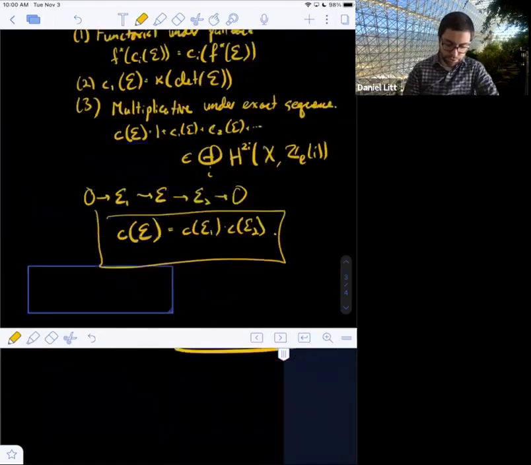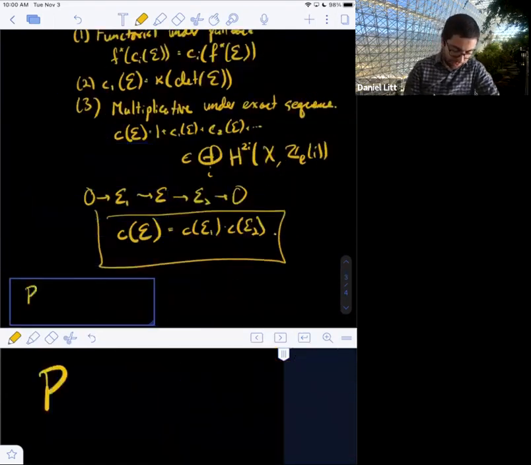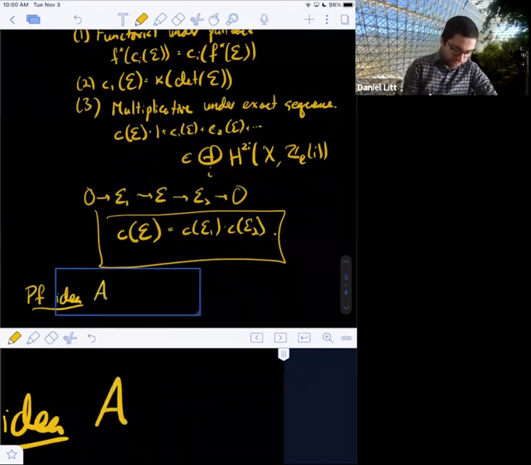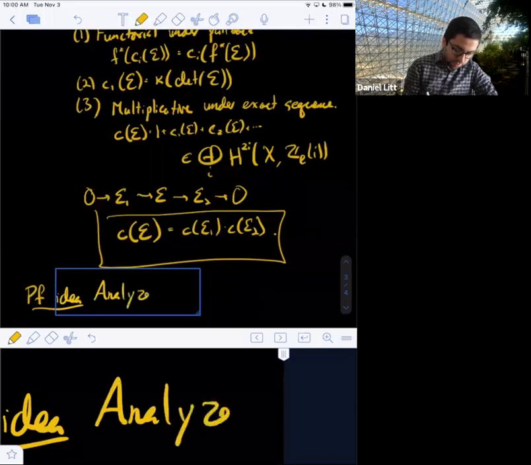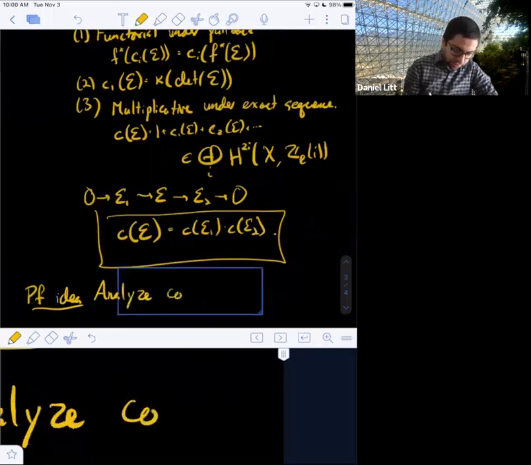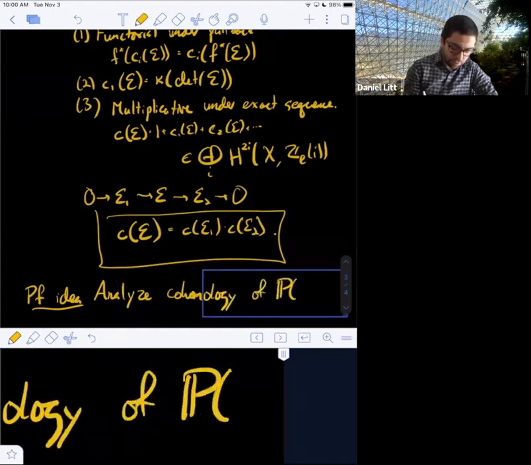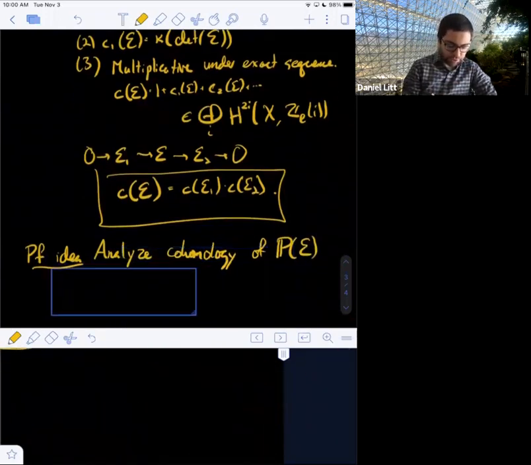All right, so what's the proof idea? I'm not going to say very much about it because the proof idea is exactly the same as the proof in topology, but the idea is to analyze the cohomology of the projectivization of E, from which the Chern classes can be extracted.